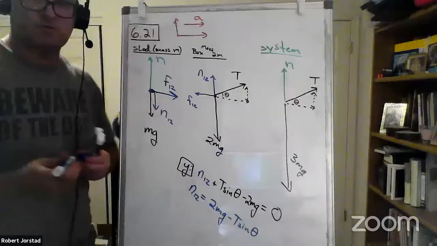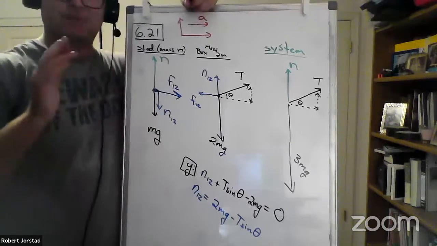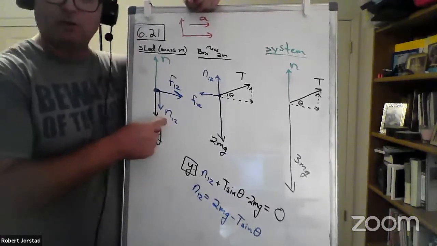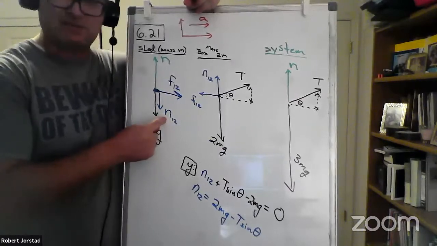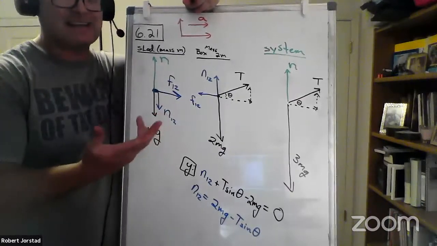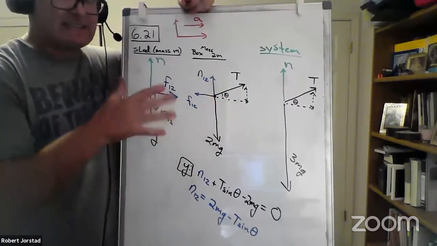Yeah, that makes sense. And so this is what I've discovered students sometimes get in a hurry. Jake did it perfectly when he said, just write a normal force. Sometimes students will cheat and say, well, shouldn't this just be 2mg? Evidently not. Anytime you have a tension at an angle, it could get sketchy.